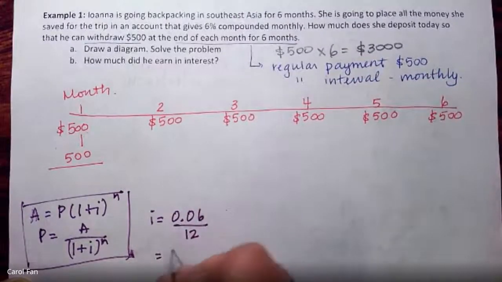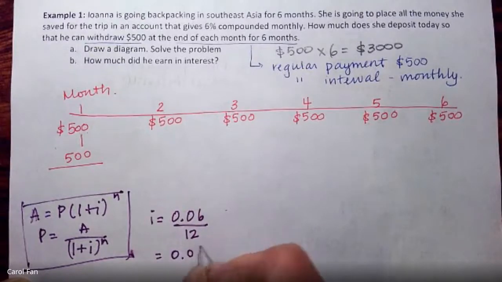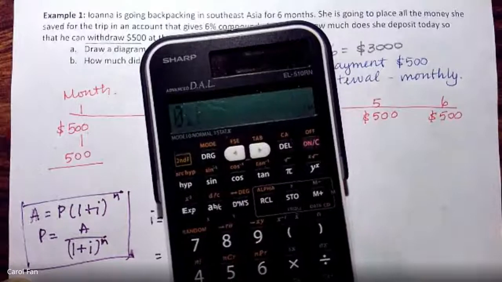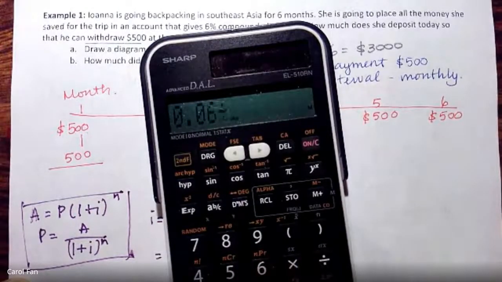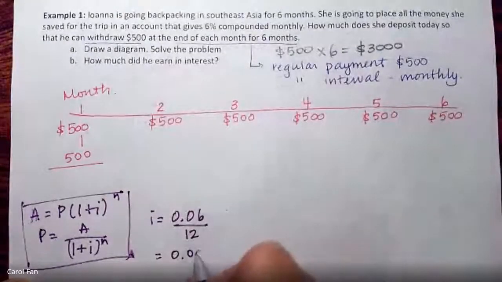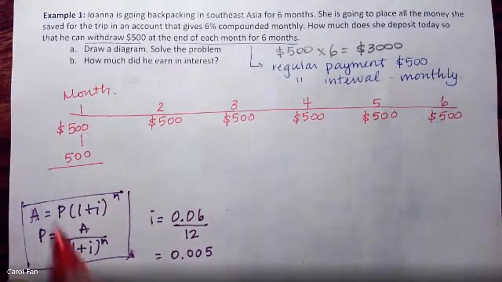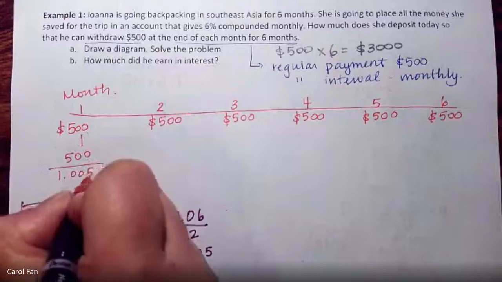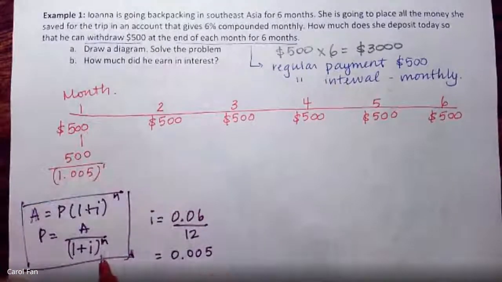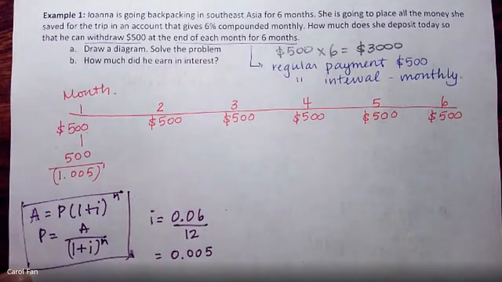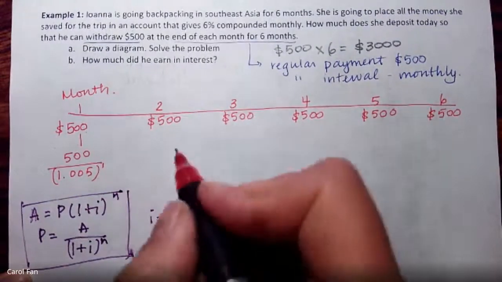Divided by 12, that gives us, let me do it on the calculator, 0.06 divided by 12, 0.005. So we have 1.005 to the power 1 to find the original principal of what would give us the final amount of 500.